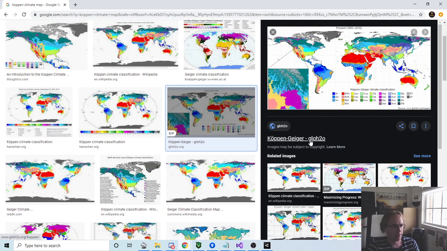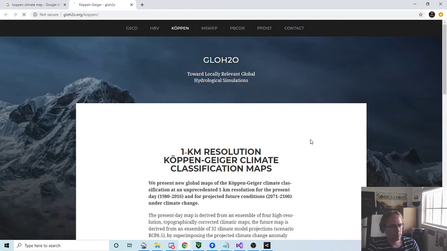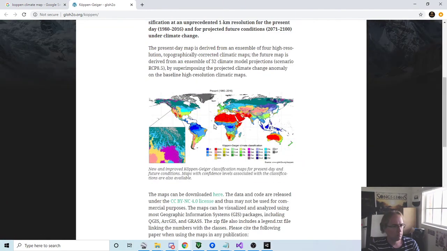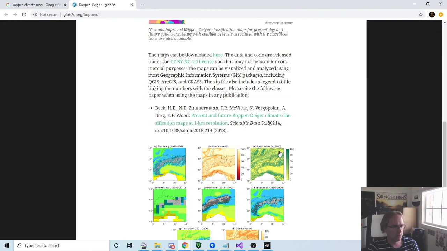Something like this would be nice. Oh, that's fascinating. Interesting. Except I don't really believe it because I would expect there to be a lot more desertification.